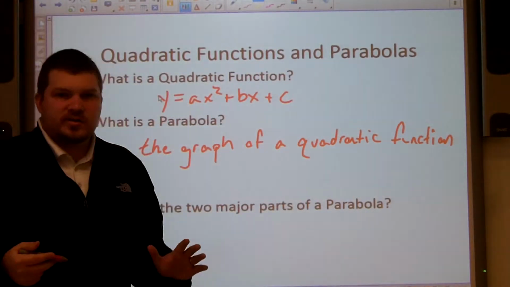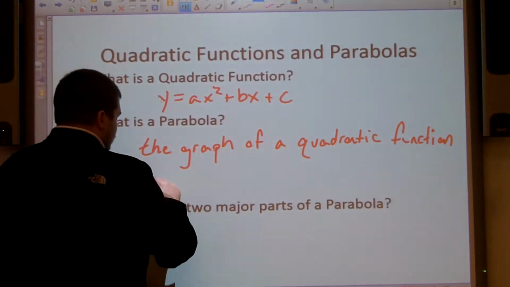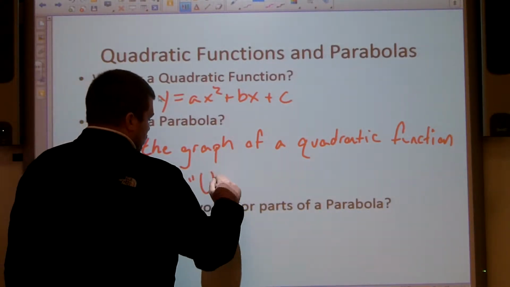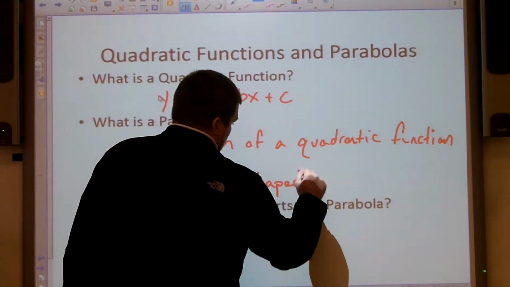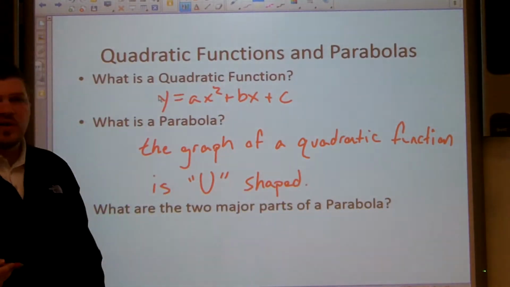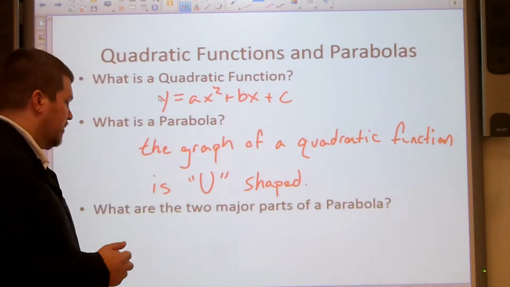And we know, from previous study, that it's U-shaped. And the two major parts of a parabola are the vertex and its axis of symmetry.